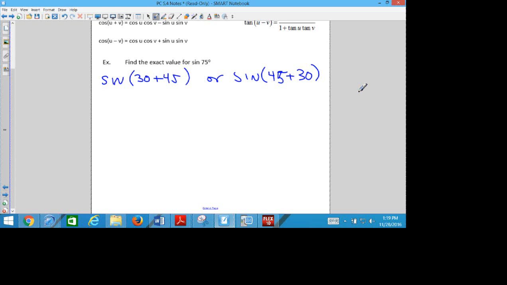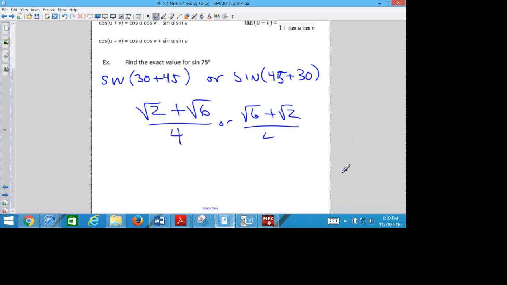So you should be doing cosine of 45 and then sine of 30. I put two different answers up, but they aren't different. They're just the same, just in a different order. So if you got it, you're ready to go on, go ahead and go to the next page. If you're still working on it, take another moment.